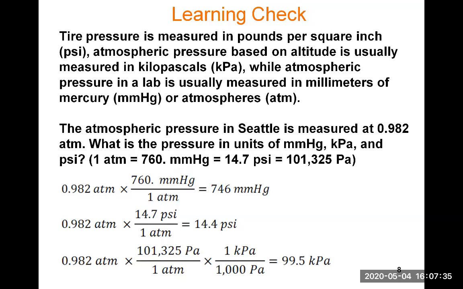In the calculator, you do 0.982 times 101,325 and divide by 1,000. The calculator answer is 99.501, etc. We keep 3 sig figs.